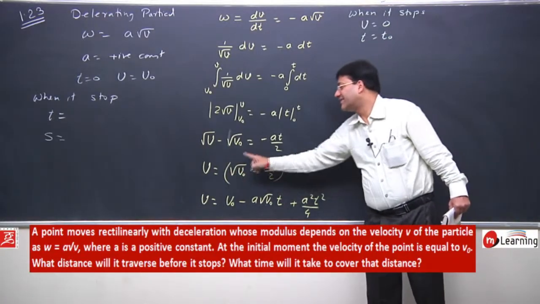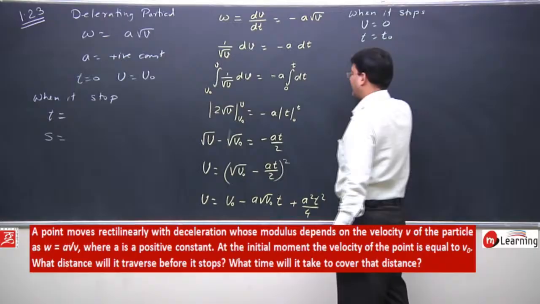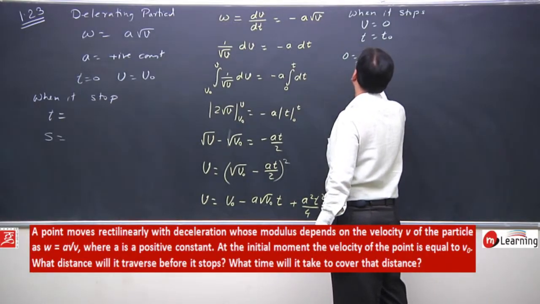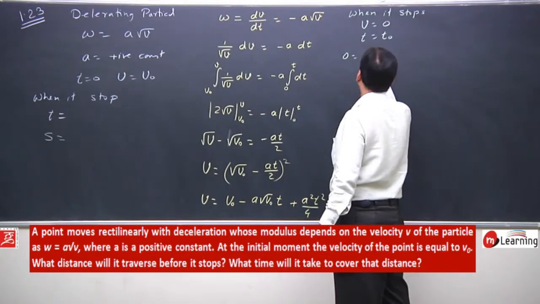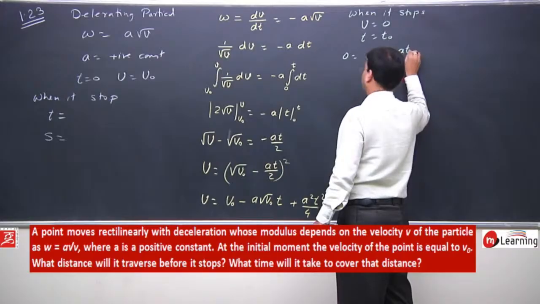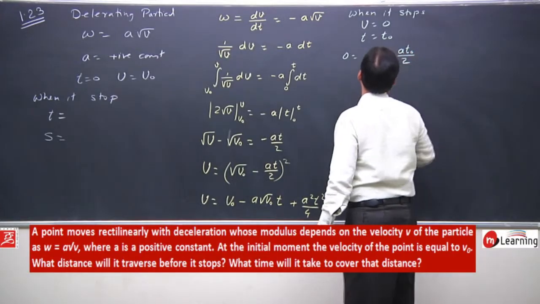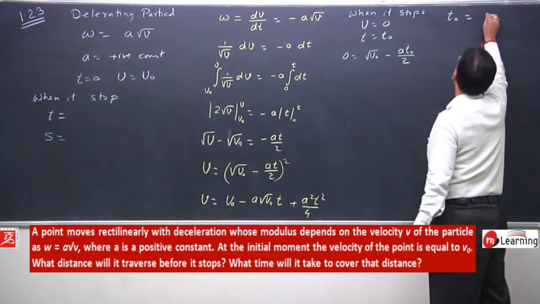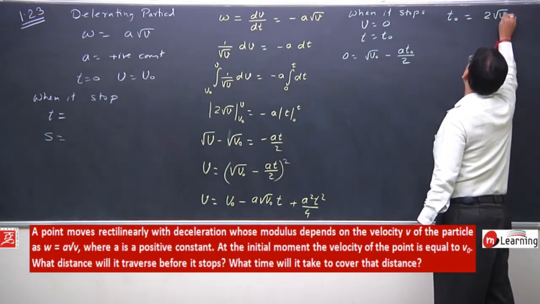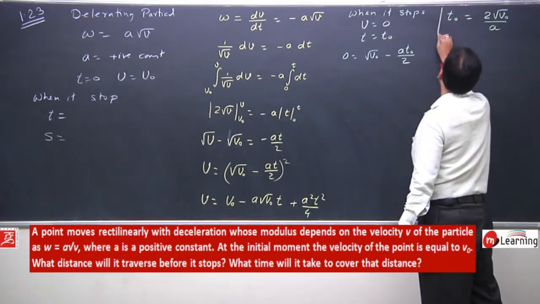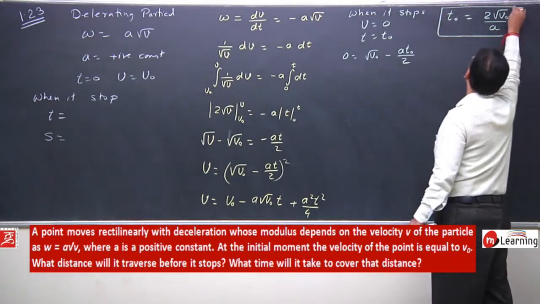I substitute this condition here. Velocity is 0. This is root of v naught minus a t naught by 2, or that time t naught would be equal to 2 root of v naught by a. This is the time when it stops.